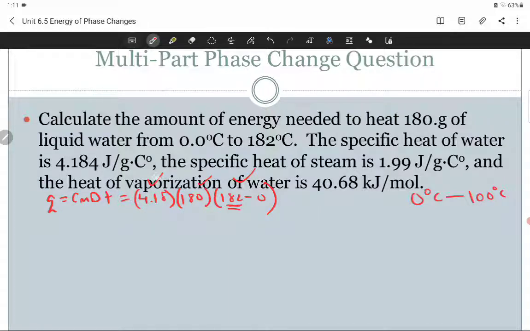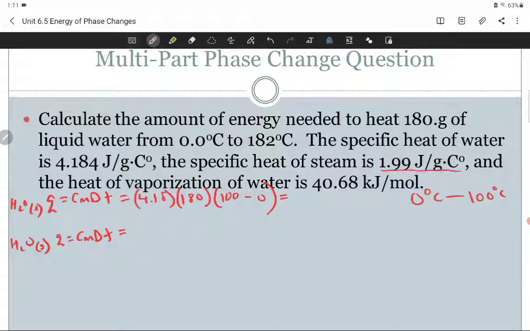So that's going to require us to go back to the drawing board here. We could do this for H2O liquid. Then we could do H2O gas, and that's another Q equals Cm delta T. It just requires us to use only things that are with gas.